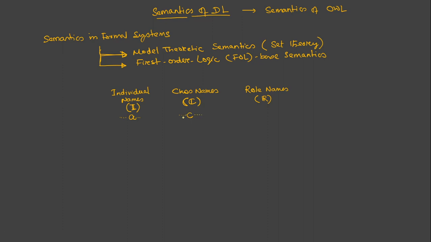So student is a class, faculty is a class, and in the set of role names, let us consider this R. This R is different than this double R, right? So this R is a symbol that represents a role name, for example, say has parent or has child.